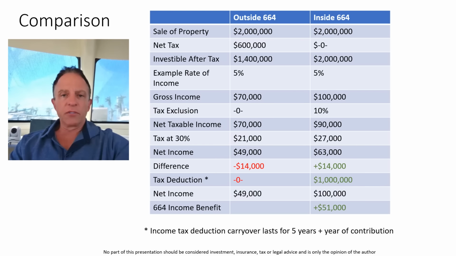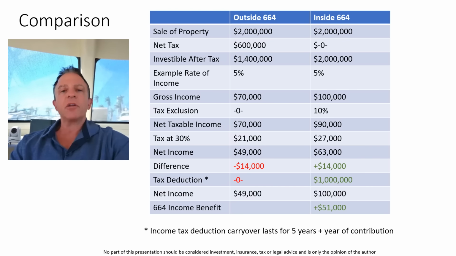That deduction, and yes, you can use that against anything you want. You can use it against selling other stock so you don't pay tax on it. You can use it against converting your IRA to a Roth without tax. You can use it for anything else you want. Offset just in tax on your income.